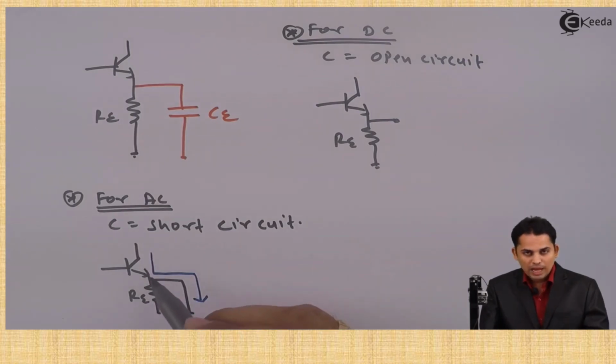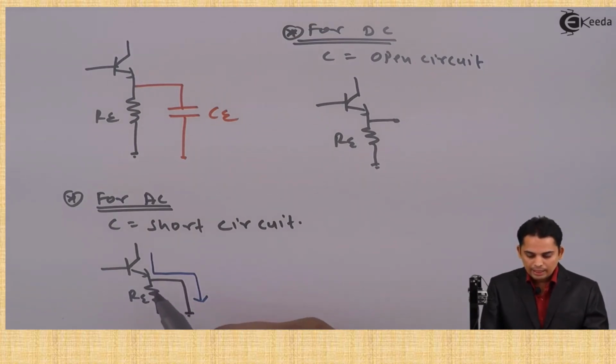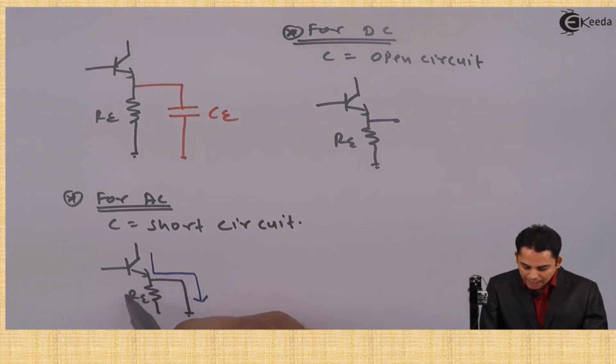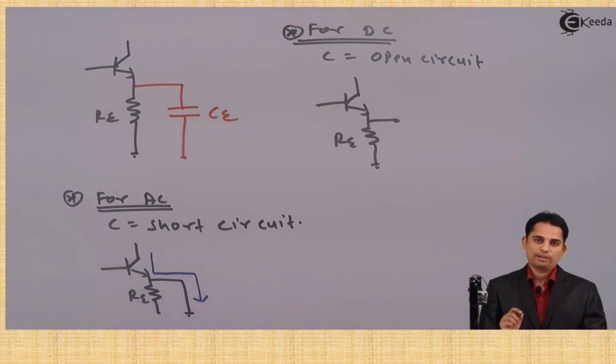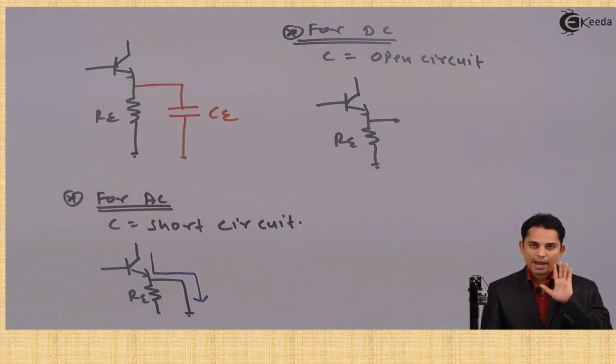If current is flowing from the emitter, then it will be flowing from this loop, and hence Re as good as not present in the circuit, and hence amplification will increase. This is how we can bypass Re from the circuit, by using bypass capacitor at the emitter. This is the basic of bypassing Re from the circuit. We will bypass Re in order to get high amplification during AC analysis. Thank you.